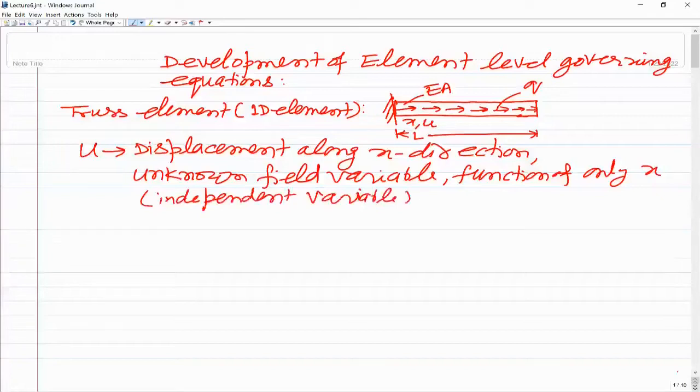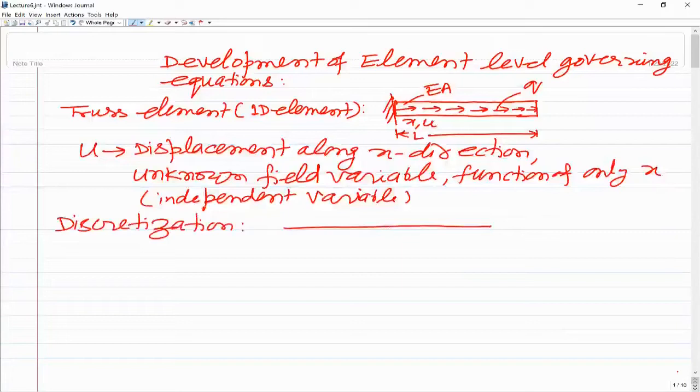The first step, as we had said, was the discretization. Essentially we are modeling the length. We model the rod by a line, and we discretize this line into a number of elements. These are the nodes denoted by circles here, and these are elements.